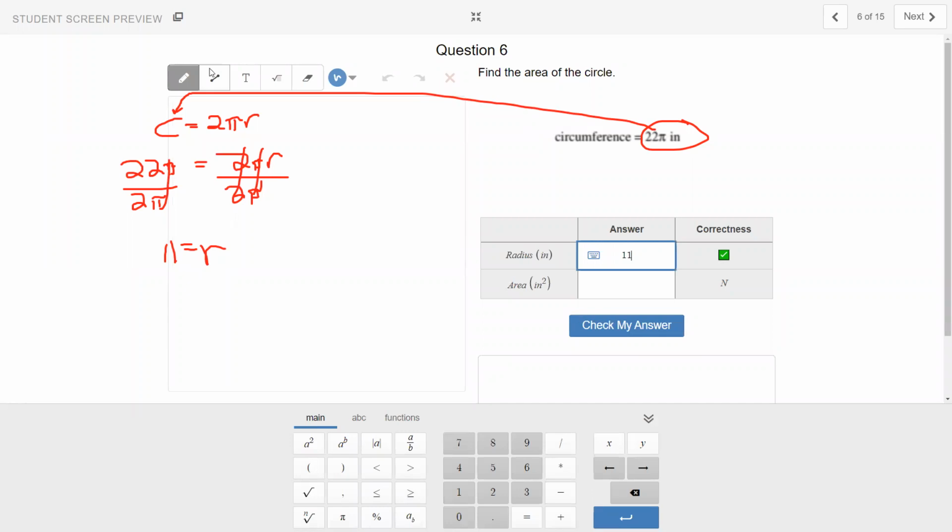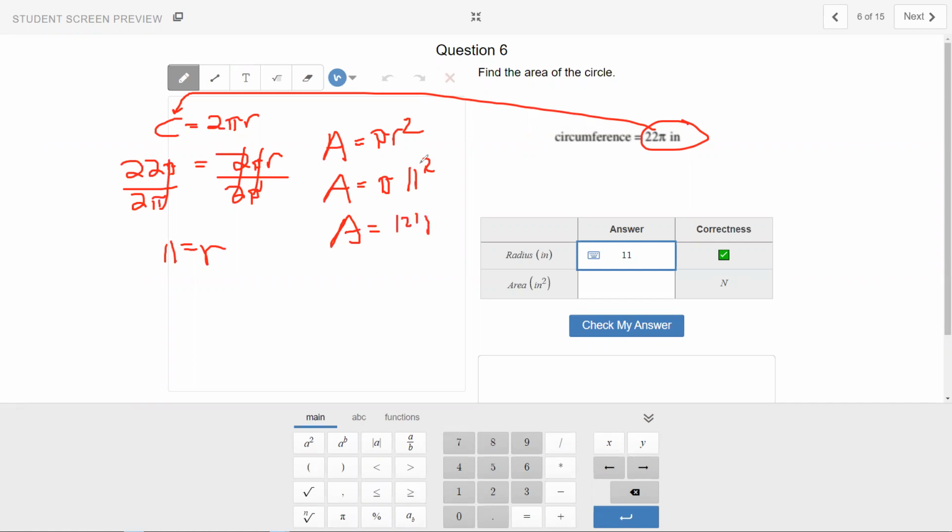And then we're going to take that radius and we're substituting it into the area formula. So area equals pi r squared. So that's going to be area equals pi times 11 squared, and 11 squared is going to be 121 pi.